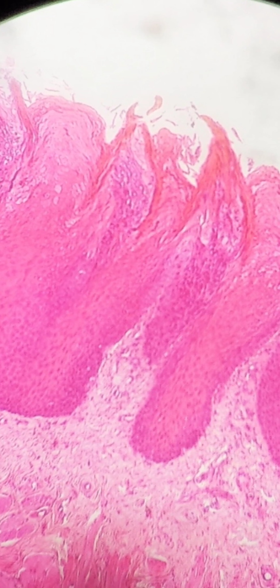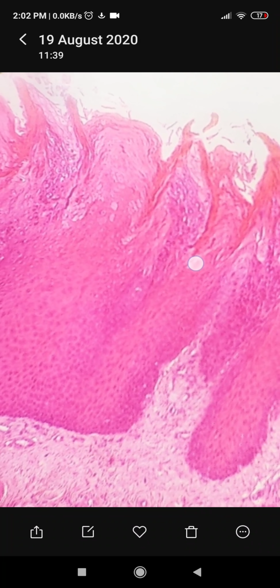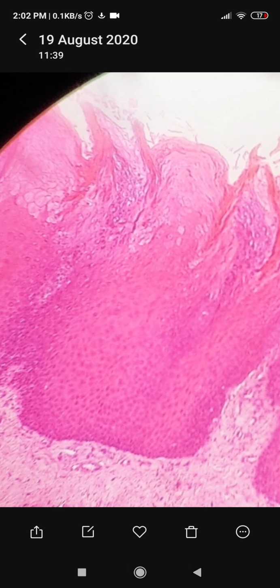So filiform papilla, you can see the filiform papilla, they are pointed structures, and they have got no taste buds in them. And this is the keratin layer, which is present on the surface of these filiform papillas. You can see here that the connective tissue of the lamina propria is tethering inside the muscle layer.